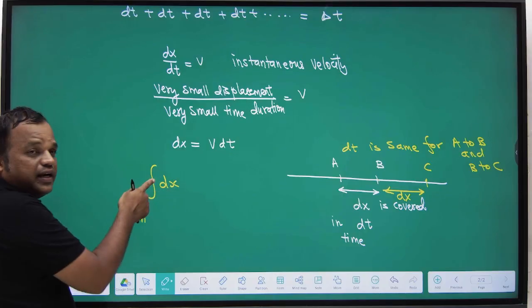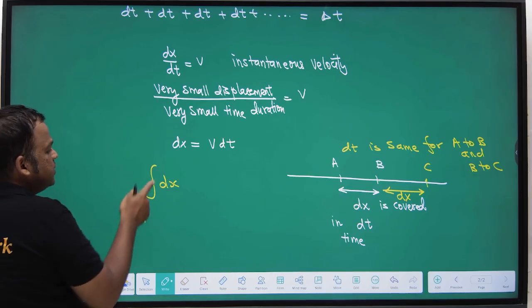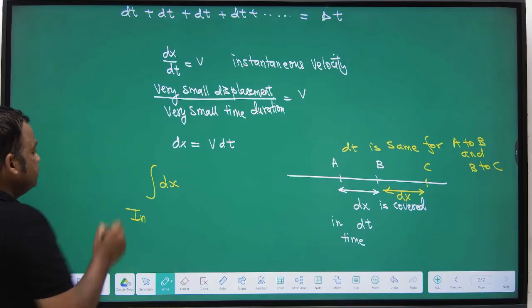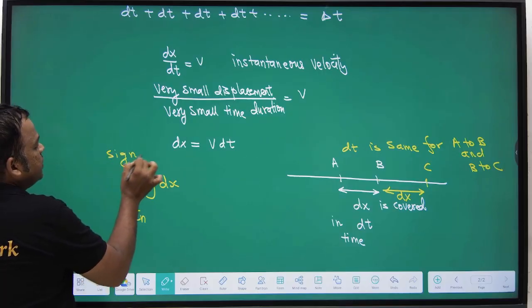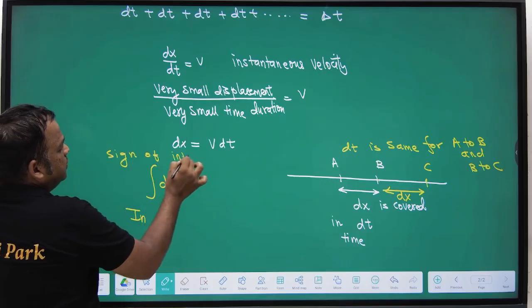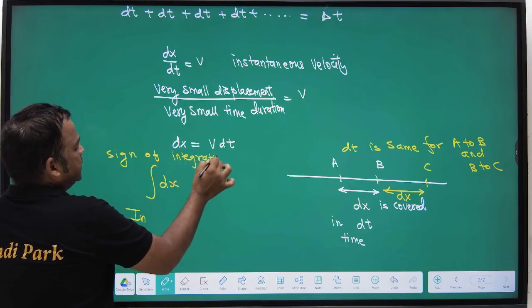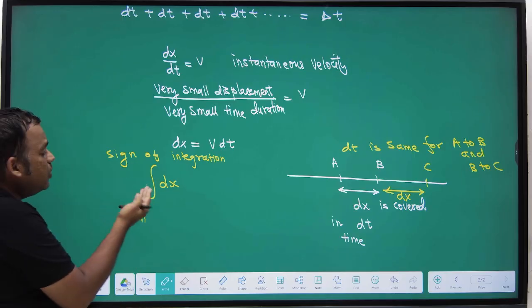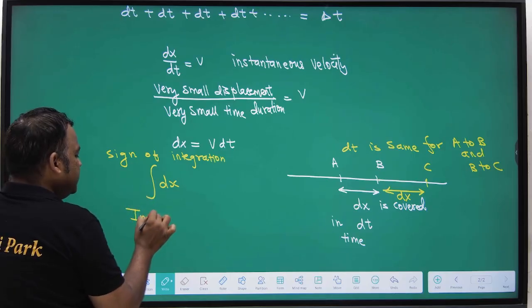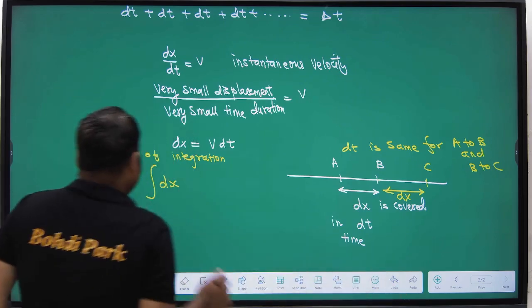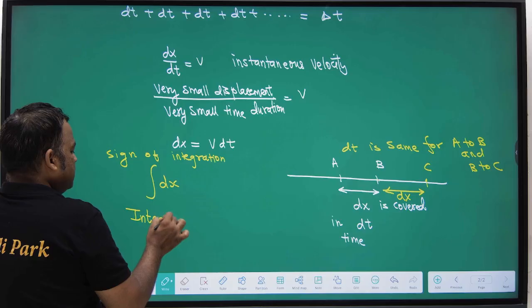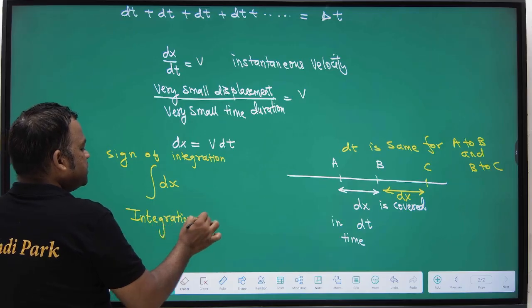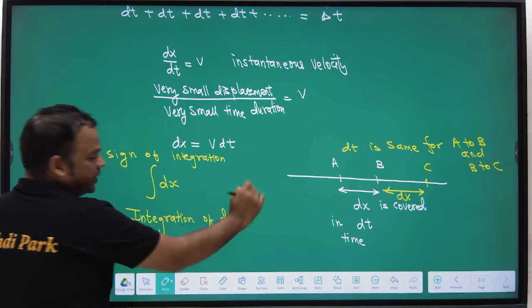When we write this type of symbol, it is known as the sign of integration. We call this integration of dx.